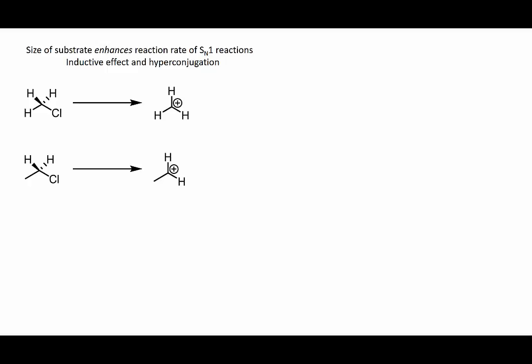So let's take a look at two examples. We have this methyl chloride here, and we have a primary chloride here. Again, in each case we lose our leaving group, and we generate a carbocation. How do these carbocations compare? Well, again, let's draw them as a trigonal planar shape.